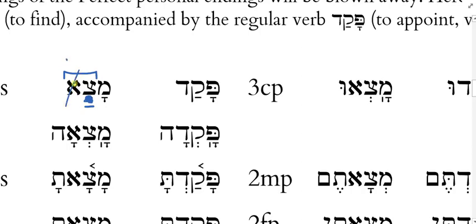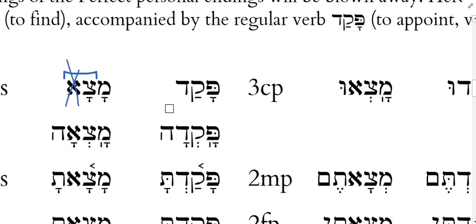And when it does, it's not going to be pronounced. And what will happen to the short patah to compensate for the loss of the consonant aleph? It will lengthen. This is what we call compensatory lengthening, and it becomes the long A. That's really the only big issue here, that the short patah lengthens to compensate for the loss of aleph as a consonant.